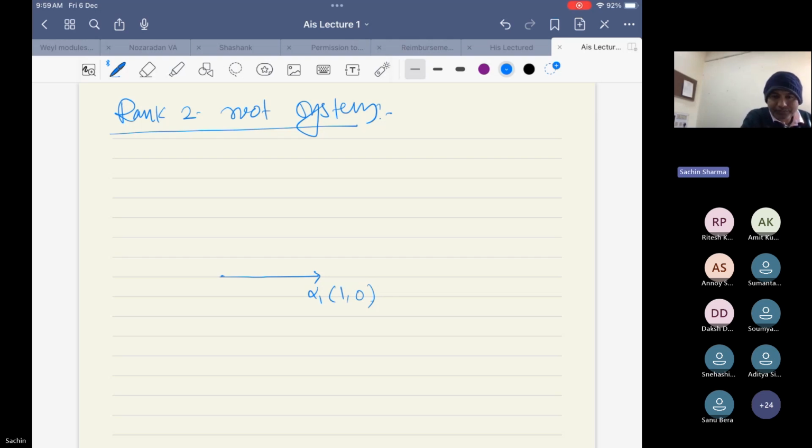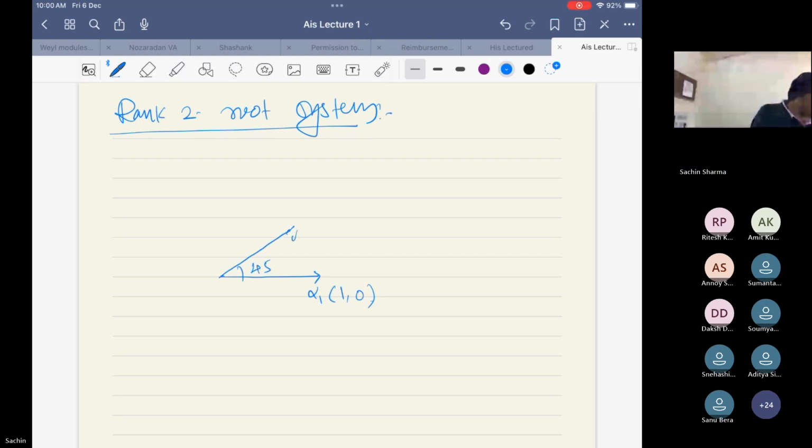Just look at the table and tell me. So what is the unit vector at the 45 degree angle?